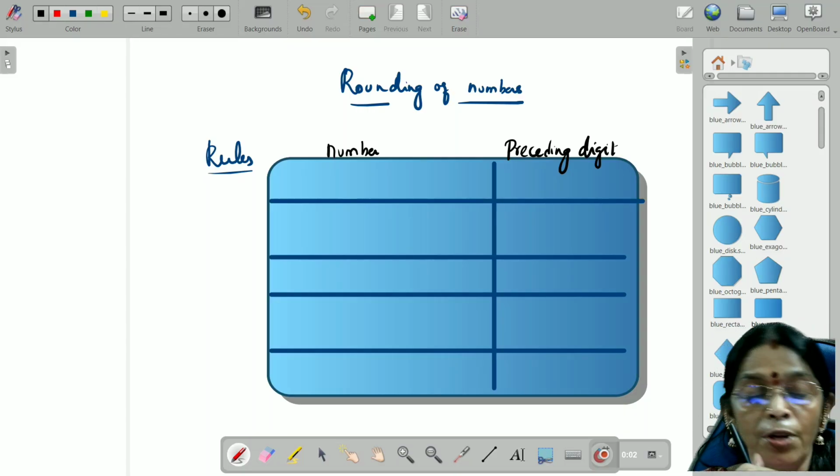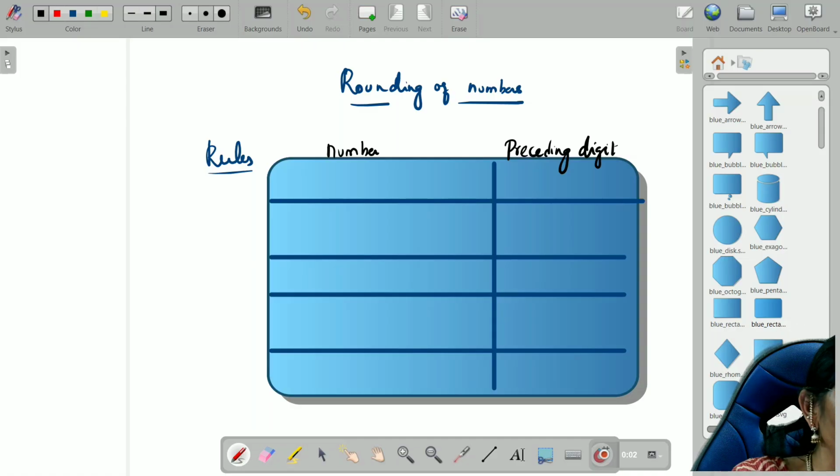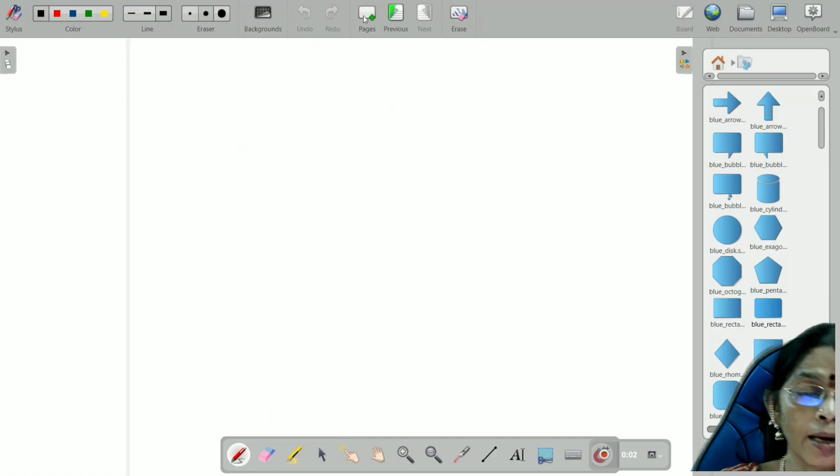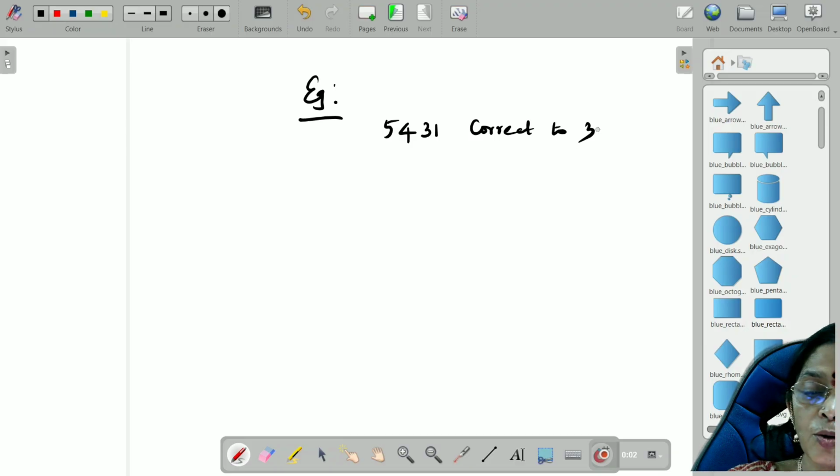Now how to round off the numbers? Before going to this, let me go to the next page and then I'll ask you a question. For example, 5431. You have to write it correct to 3 digits.